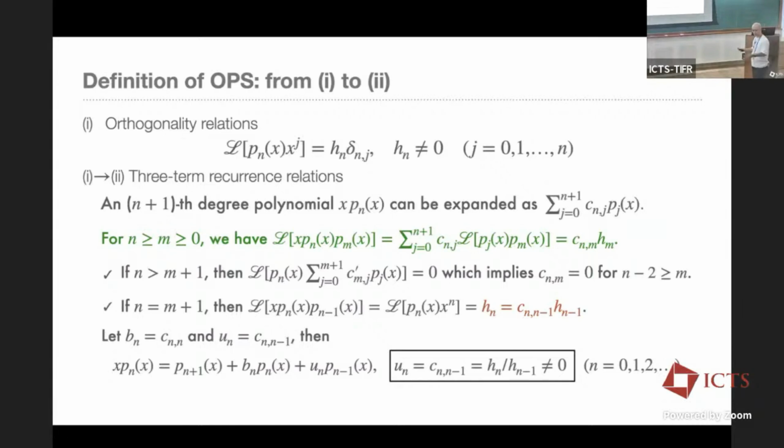This is one evaluation, and the other evaluation is also possible if n is larger than m plus 1.